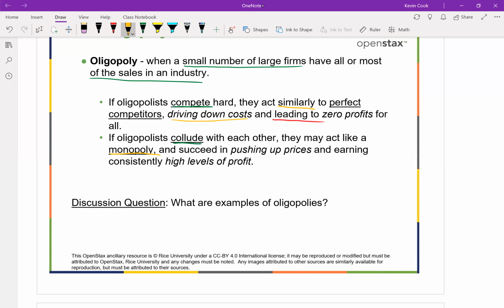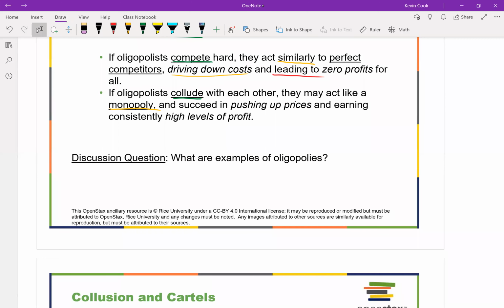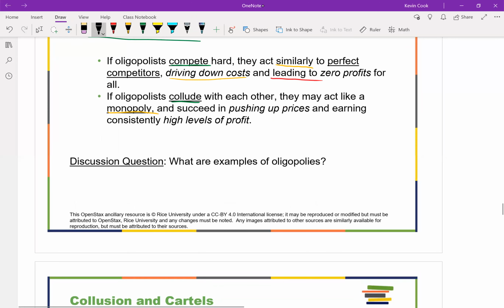So when we think about our oligopolies, again, and we're going to come back to the blanks if you're doing the notes, we often think about things like airlines, cell phone providers. We could even say car manufacturers, right?